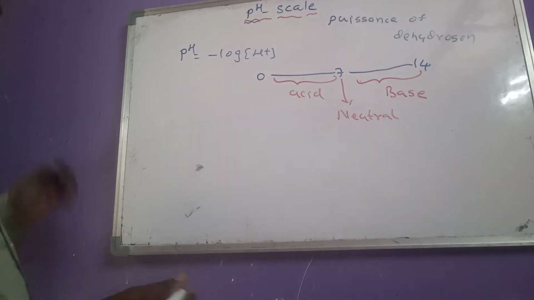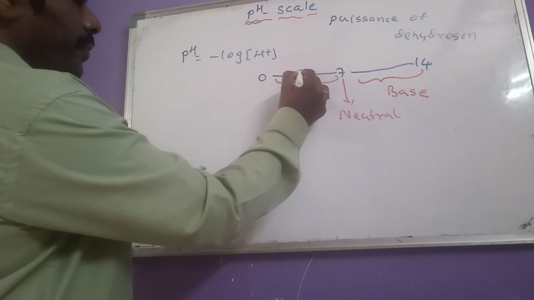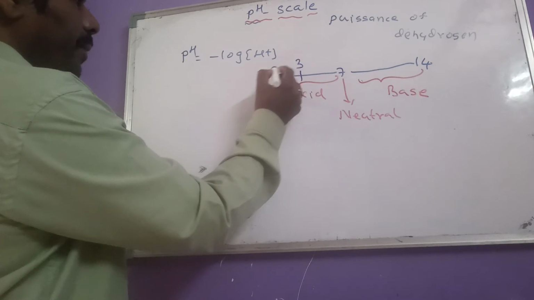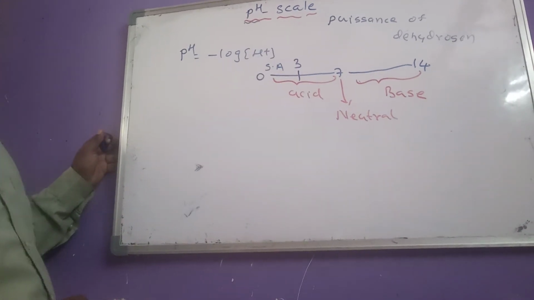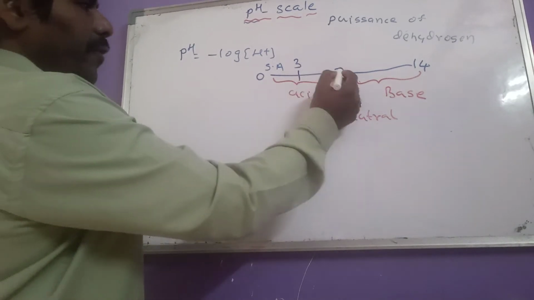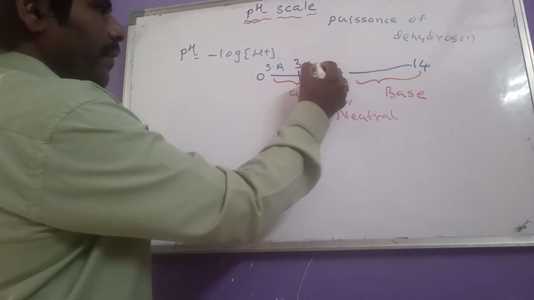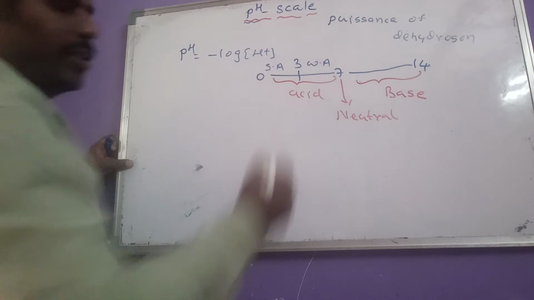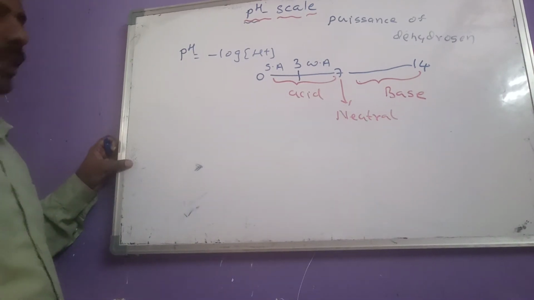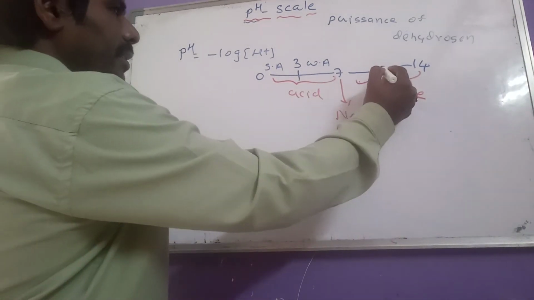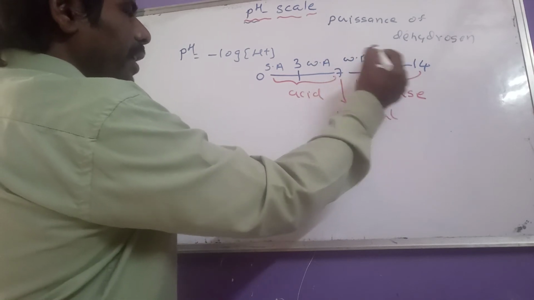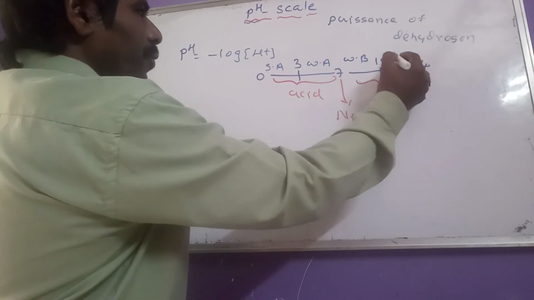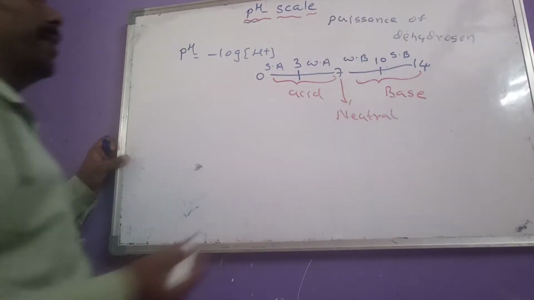And in that there is also some other classification. 0 to 3 is said to be strong acid. If the pH value is 3 to 7, it is said to be weak acid. Then 7 to 10 is said to be weak base. 10 to 14 means strong base.